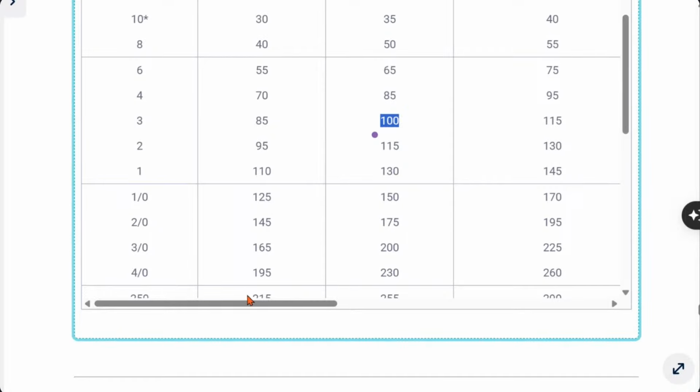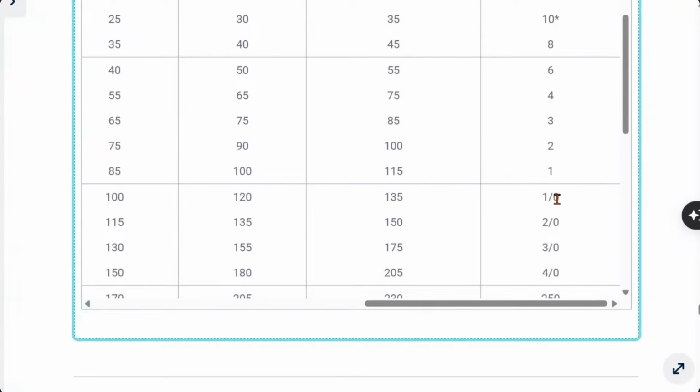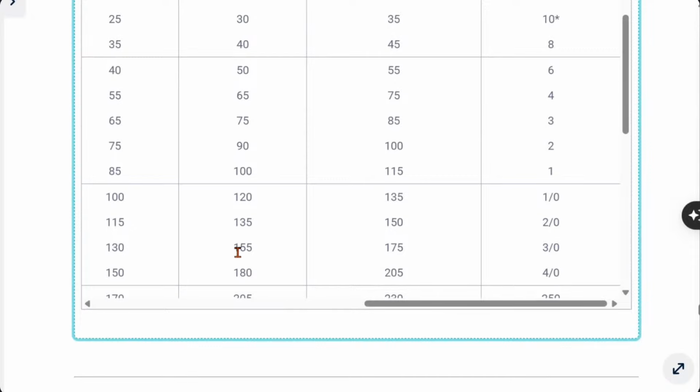And in the aluminum, let's just see how that goes. Here's the aluminum side. And we said it would be, I think, 2-aught aluminum. Oh no, maybe it was 2-aught aluminum for 135. Oh, wait a minute, I think it was 3-aught. I can't remember.